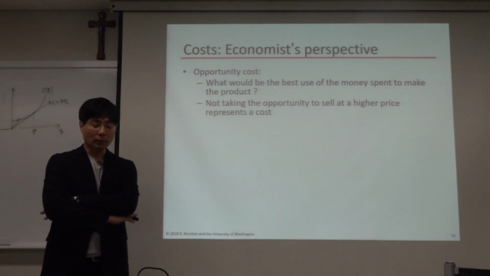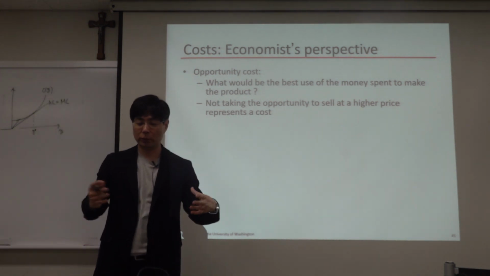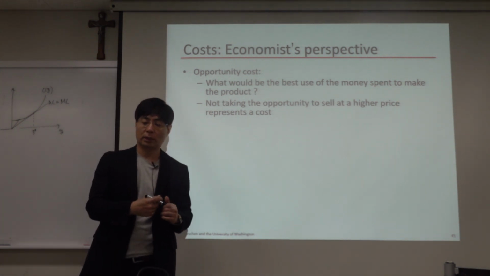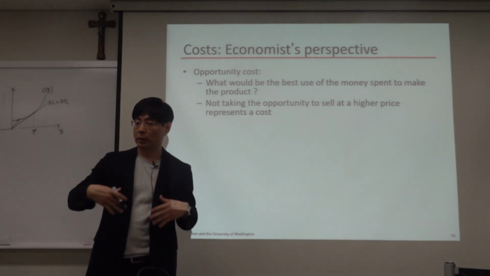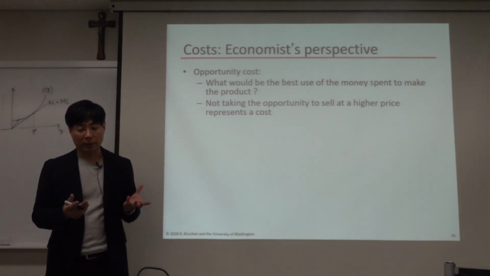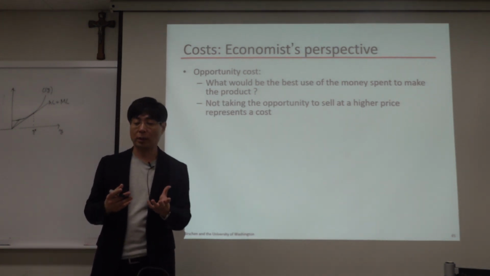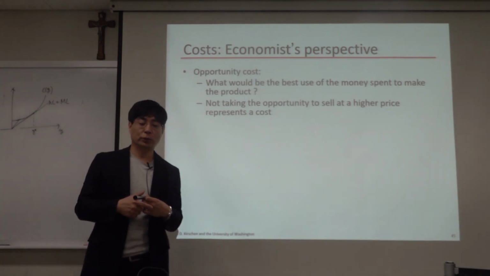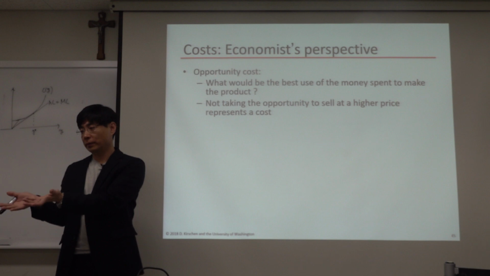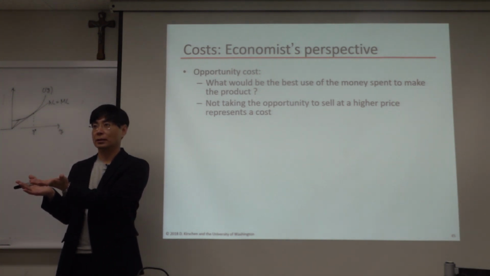Yeah. So suppose that you have two options. When you take option A, you can expect $100. That's your profit. But there is a cost called opportunity cost because you chose not to do B, and the profit of B is supposed to be $80.